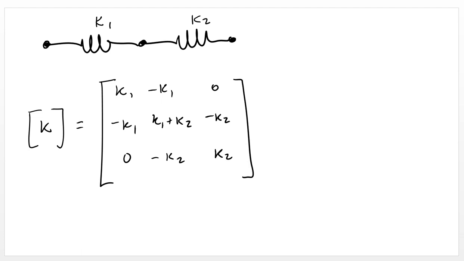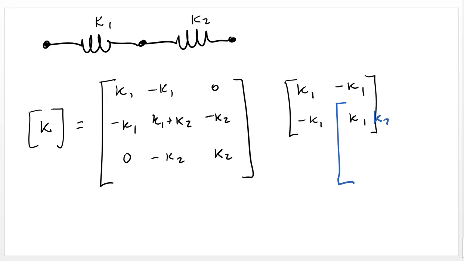That matrix is basically a superposition of the individual stiffness matrices of the individual members. So if you think of this, let's change to a different color. You have K2, minus K2, minus K2, K2. And here they are adding, because they are joined.